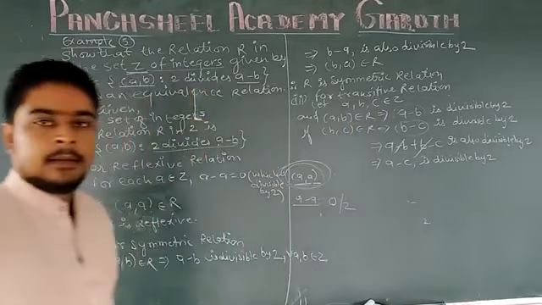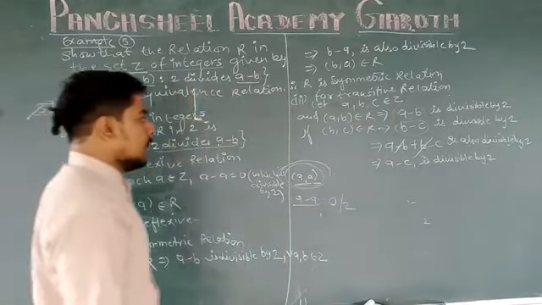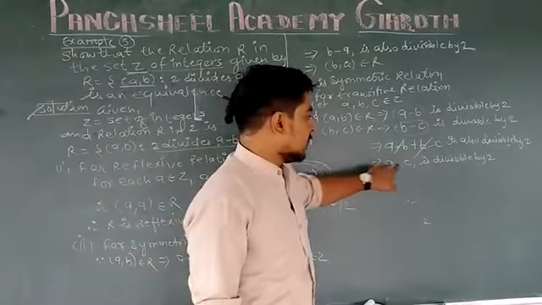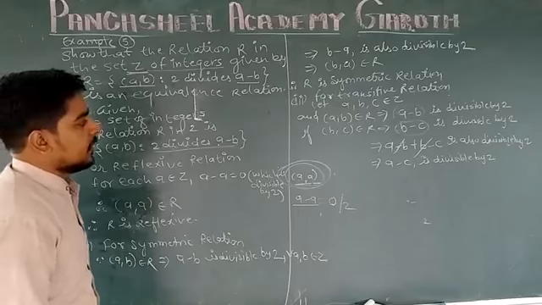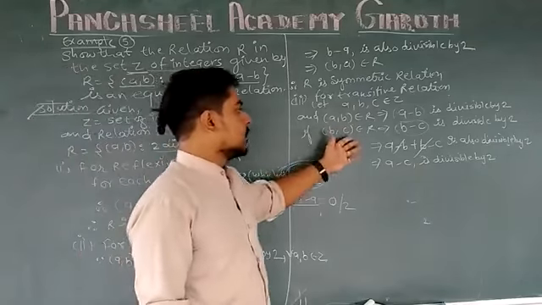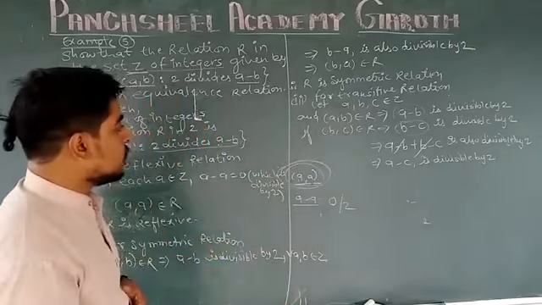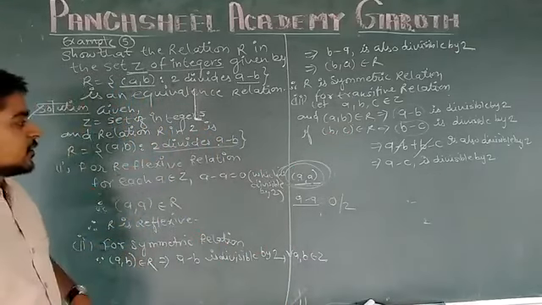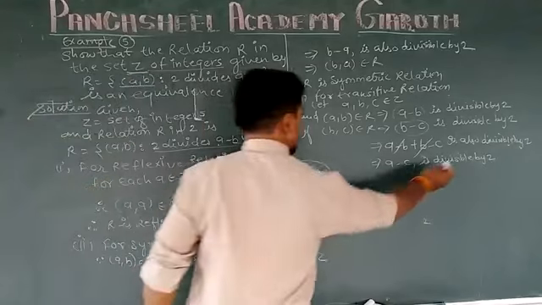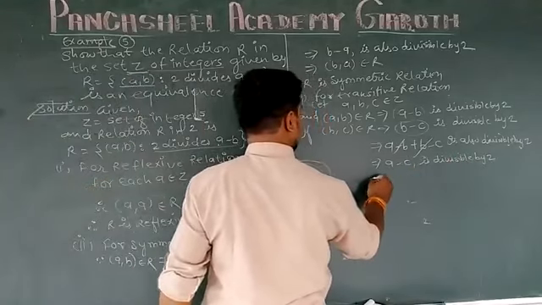So by the definition of the transitive property, if (a, b) belongs to R and (b, c) belongs to R, then (a, c) must follow the rule of R. What is the rule of R? 2 divides the difference of two numbers. Here, 2 also divides the difference of these two numbers.